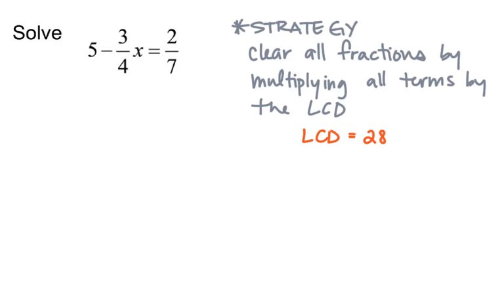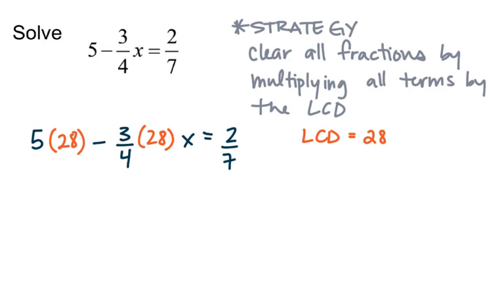So what I'm going to do is take each of these terms. I've got 5 times 28 minus 3 over 4 times 28x equals 2 over 7 times 28. 5 times 28 gives us 140. 4 goes into 28 7 times, so I'm left with 7 times 3, or minus 21x.